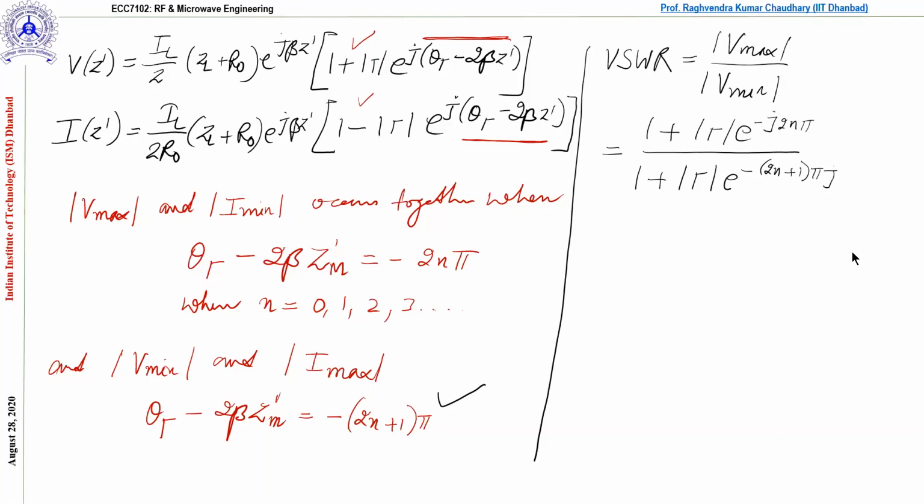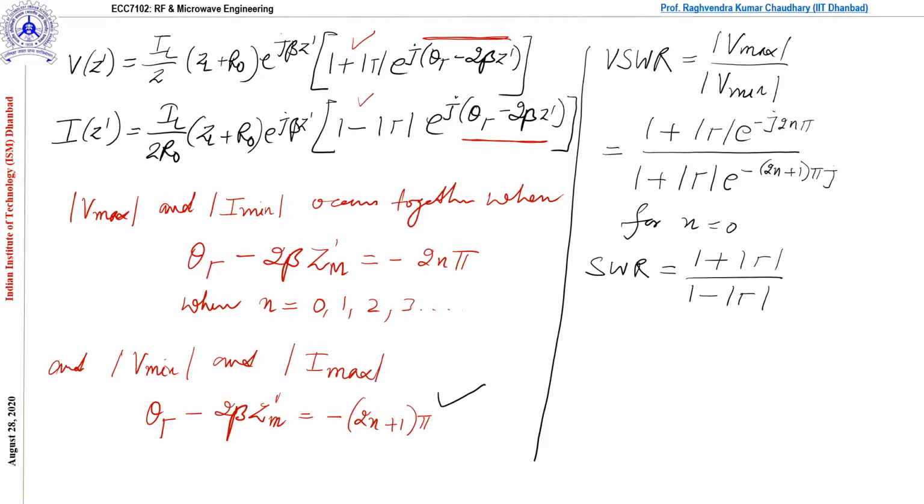Now let's say for n equal to 0, what will be the VSWR or SWR? The standing wave ratio will be just 1 plus mod gamma over 1 minus mod gamma.